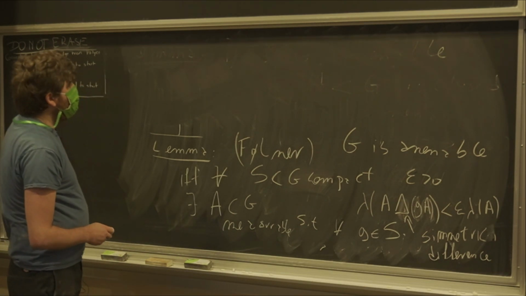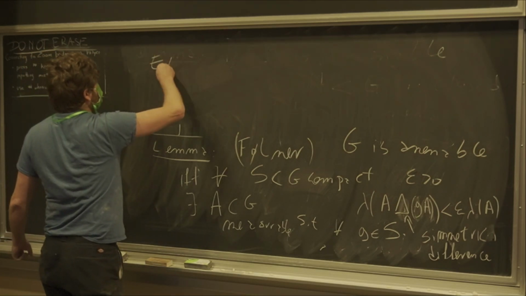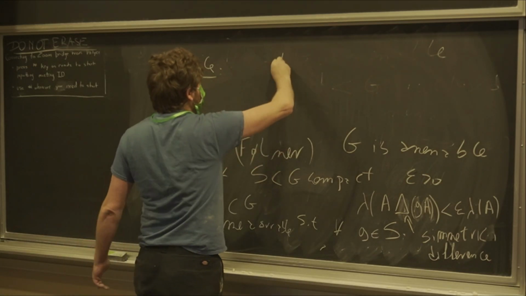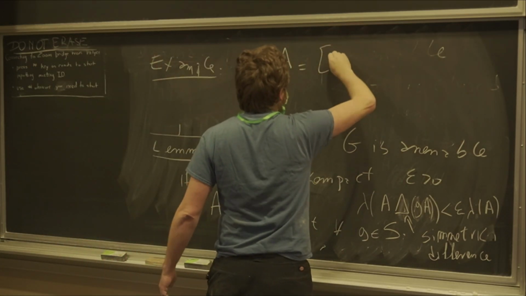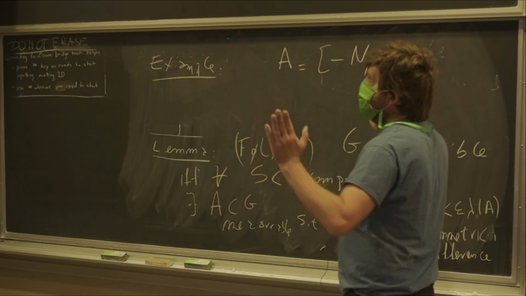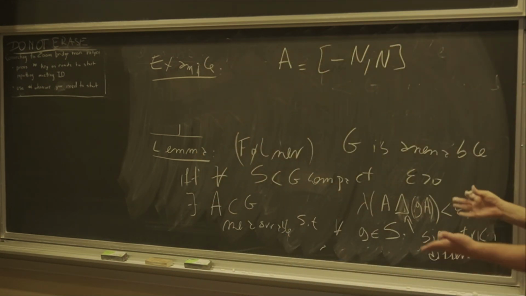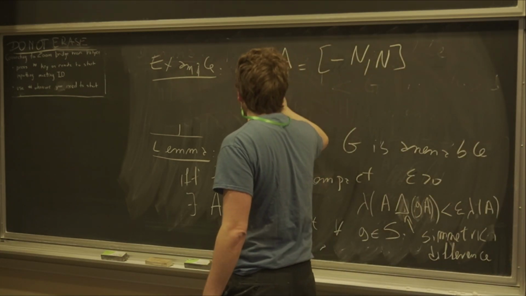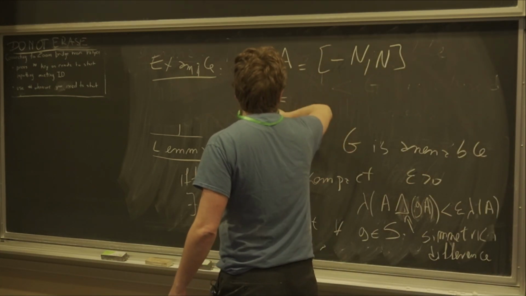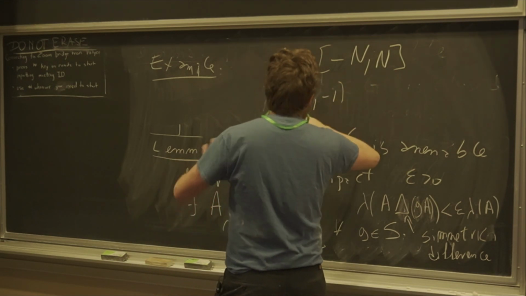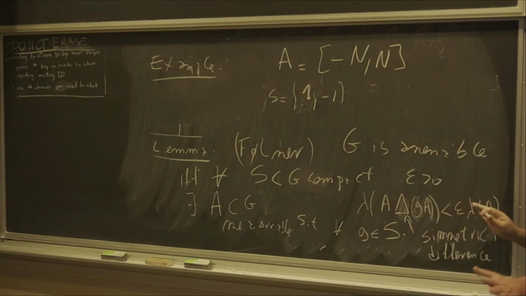Good. So, yeah, the example, you just will take A as being minus n to n actually for one very big n, and then S amounts to translations. As I said, you only care about S being a generating set. So let's say you take S being 1 and minus 1, just to generate as a semigroup to make things really nice.